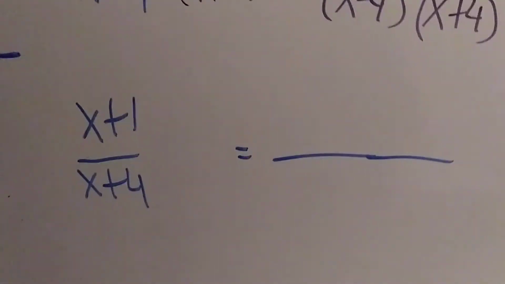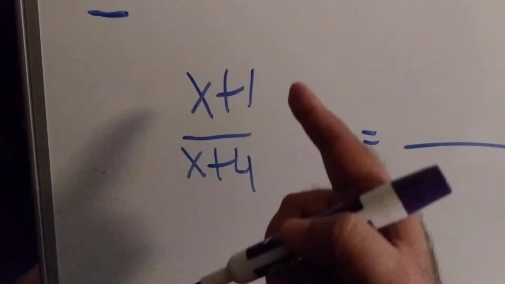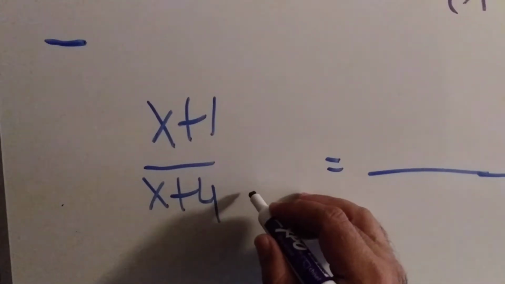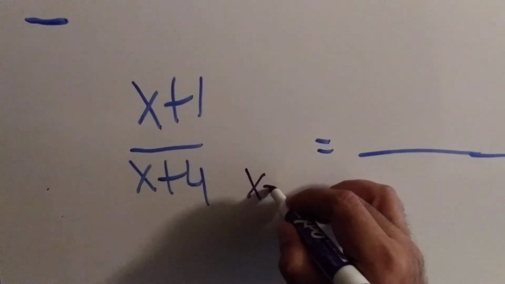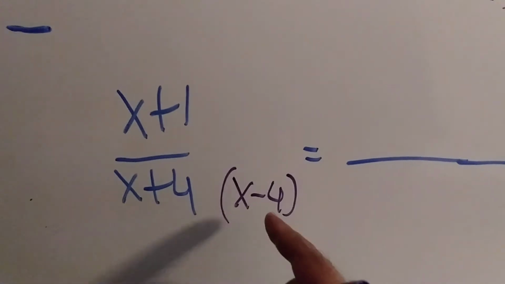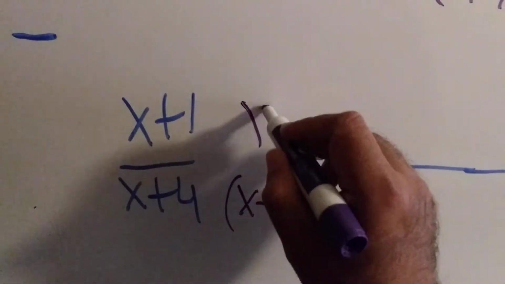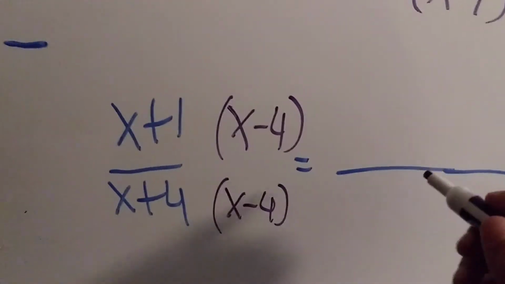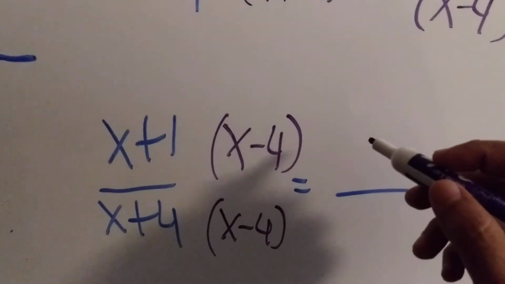Okay, now the second fraction itself, x plus 1 over x plus 4, in order for it to find the common denominator, which is missing x minus 4, we're going to multiply the denominator by x minus 4 and the numerator times x minus 4. And again, we'll do the FOIL method.